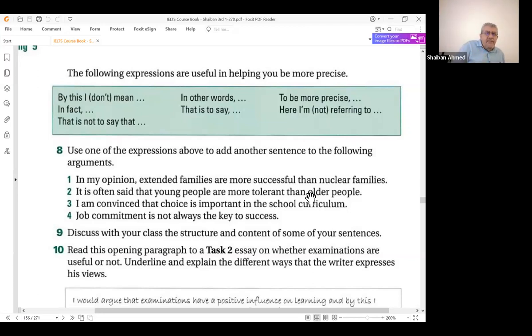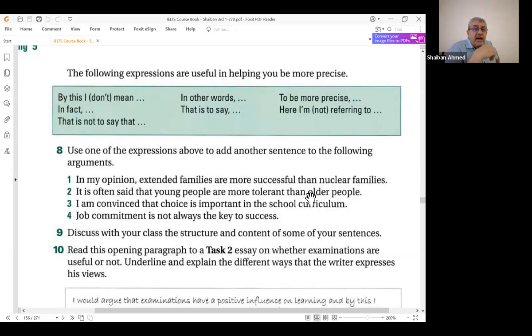You can use: by this I mean, in fact, that's to say, in other words, to be more precise. These phrases are extremely important. Why? Because they are called signposts. They show the development of the sentence.